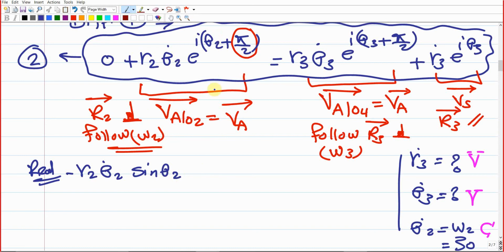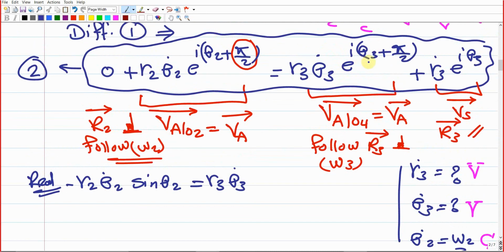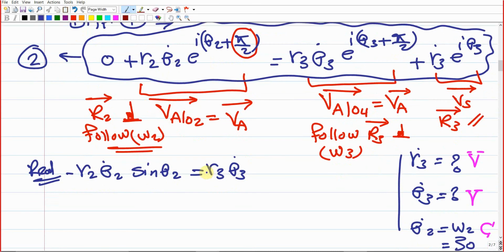This is equivalent to this term, which equals R3 theta 3 dot times the cosine of theta 3 plus pi over 2, which gives negative sine theta 3, plus the R3 dot. The real part of this one is just cosine theta 3.